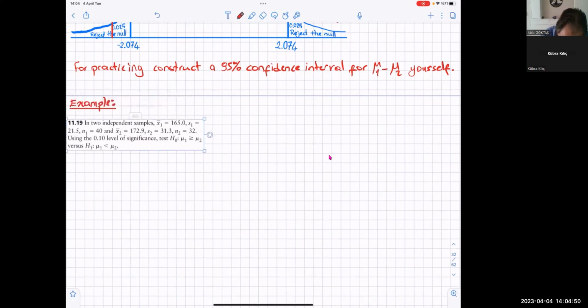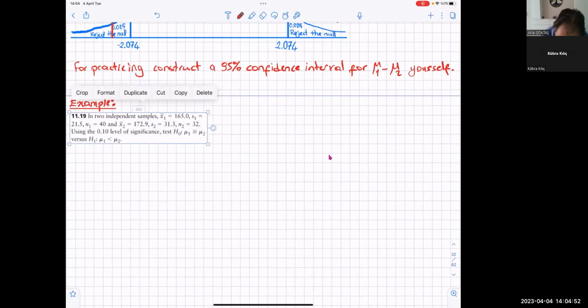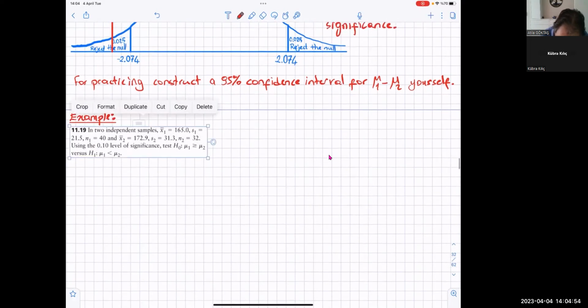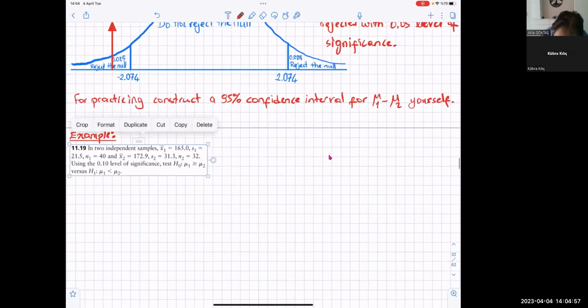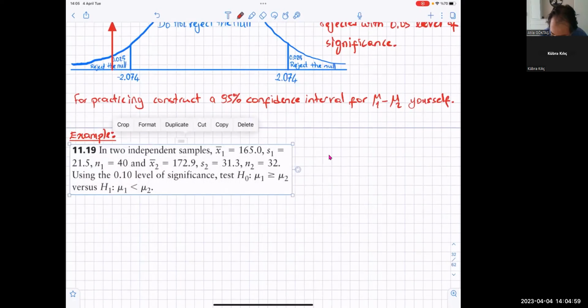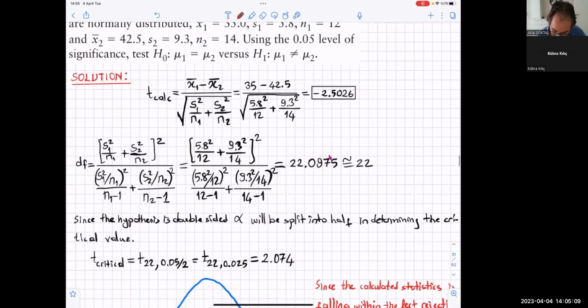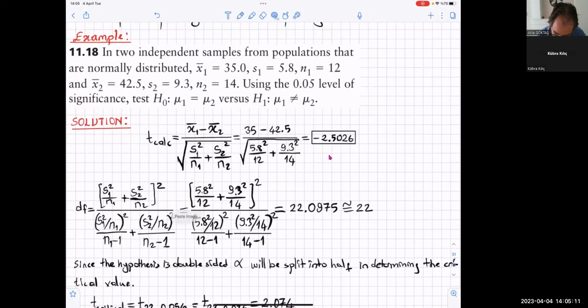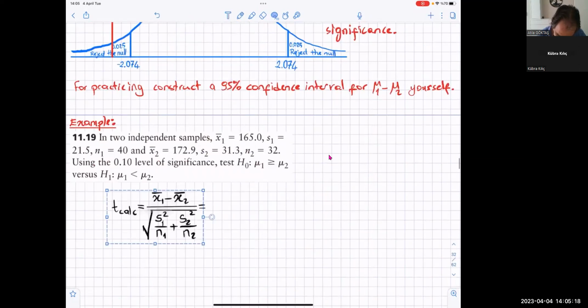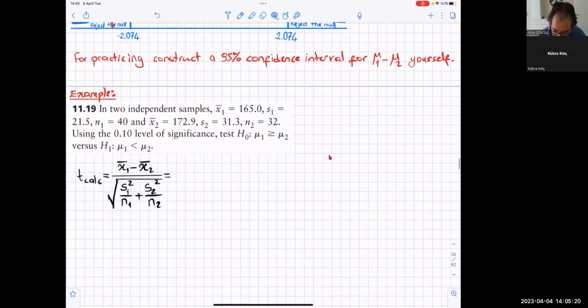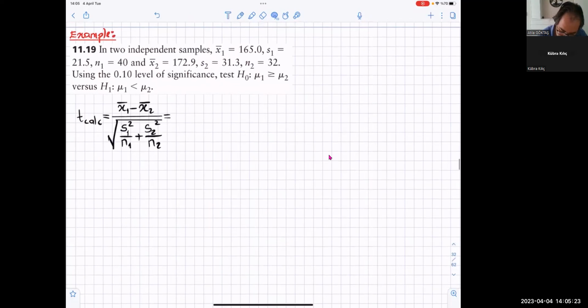I can get straight to the calculation of the t-statistic. So I have it here. I'm gonna copy back this. So it's easy to perform such an exercise.